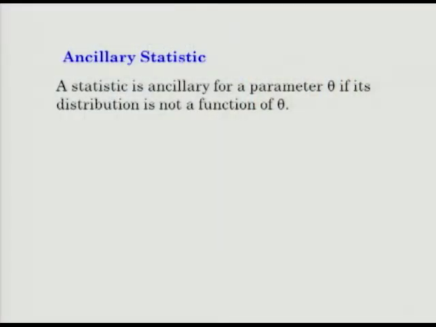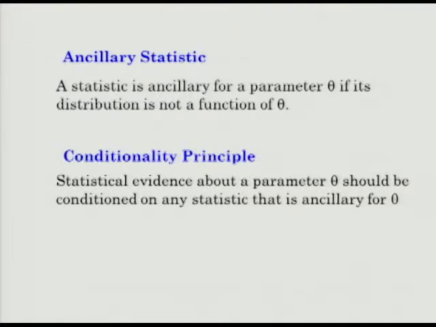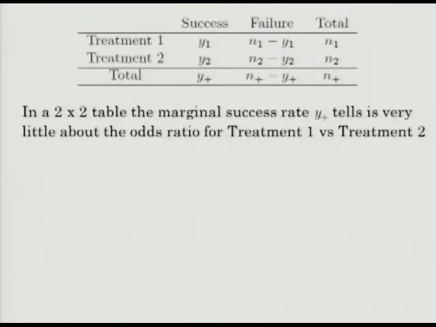Again, in this crowd, you all remember that a statistic is ancillary for a parameter if its distribution is not a function of that parameter. And the conditionality principle states that statistical evidence about theta should be conditioned on any statistic that is ancillary for theta. In the 2x2 table, this marginal success rate tells us very little about the odds ratio for success on treatment 1 versus treatment 2.